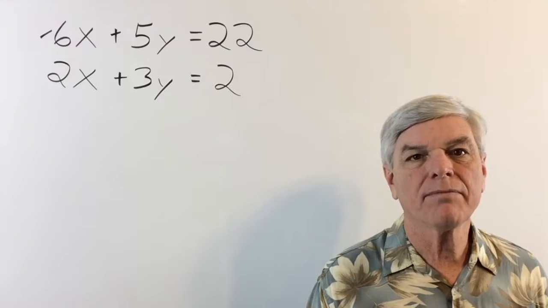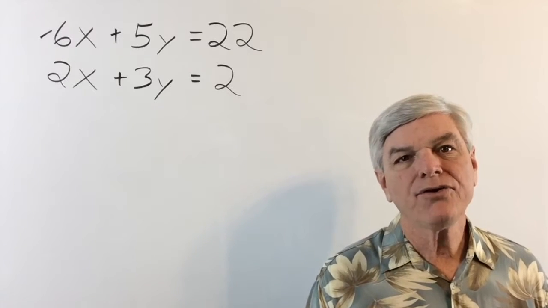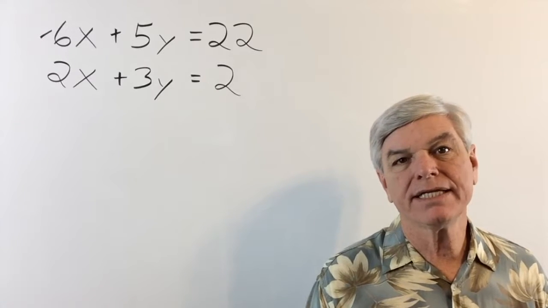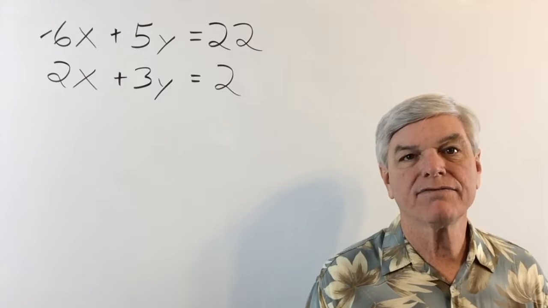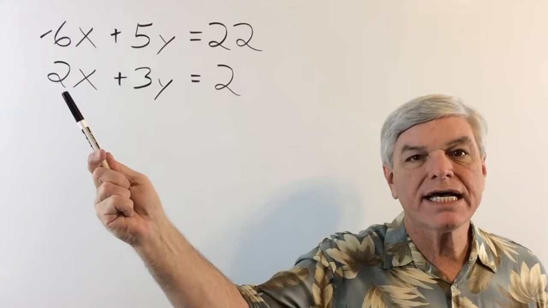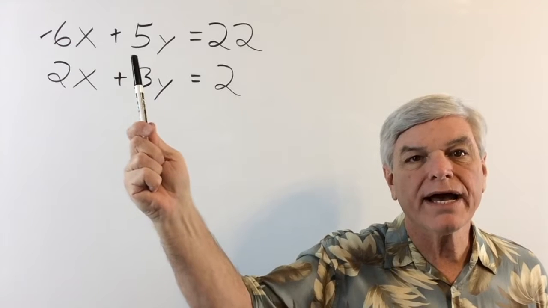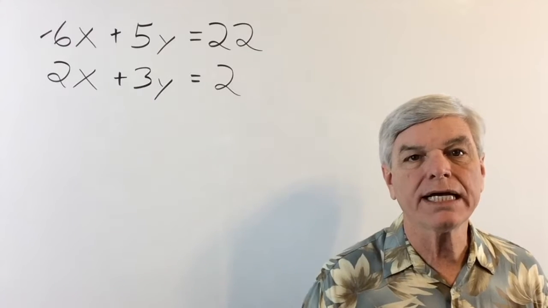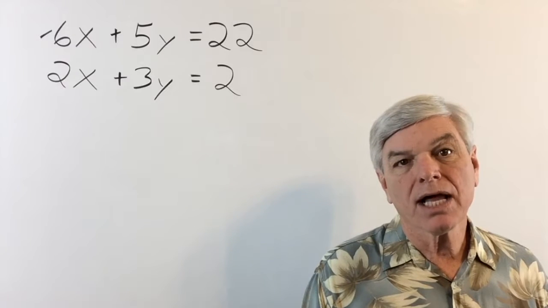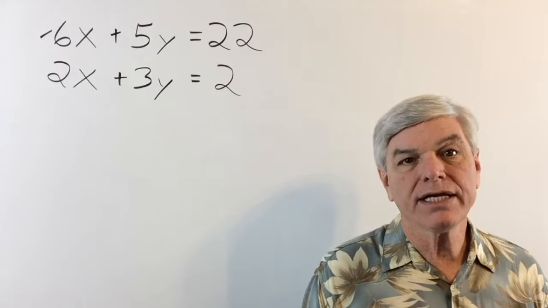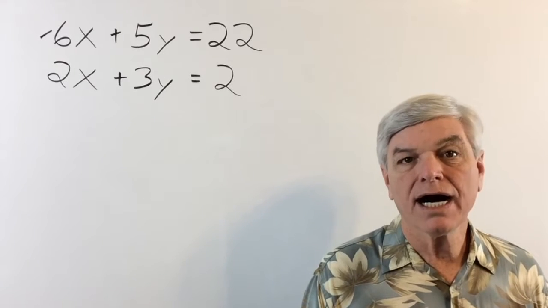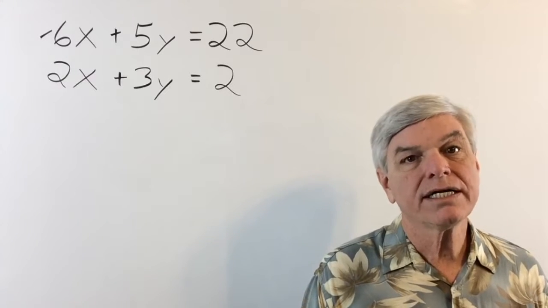Okay, in the last problem that we did, we had two variables that were the same, actually opposites, negative 4y and positive 4y. We don't have that here. We have negative 6 and positive 2. We have 5 and we have 3. So the way we do this is we multiply one of the equations until it's equivalent, opposite but equivalent, to the other one.